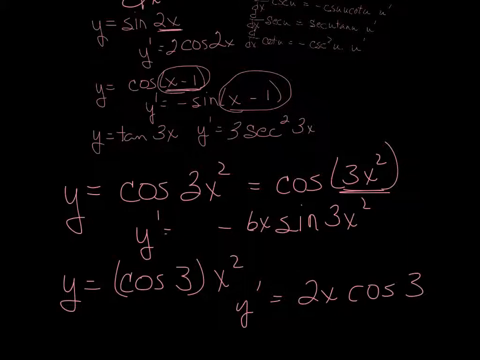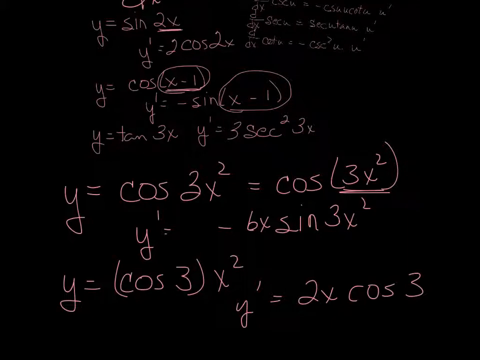Same thing. If we had 4x squared, what's the derivative? 8x. So we're doing the same thing with 2x, or cosine 3 times x squared. If this had been a 4, you wouldn't have had a problem with it. But this is just a constant, because there's no variable right there.